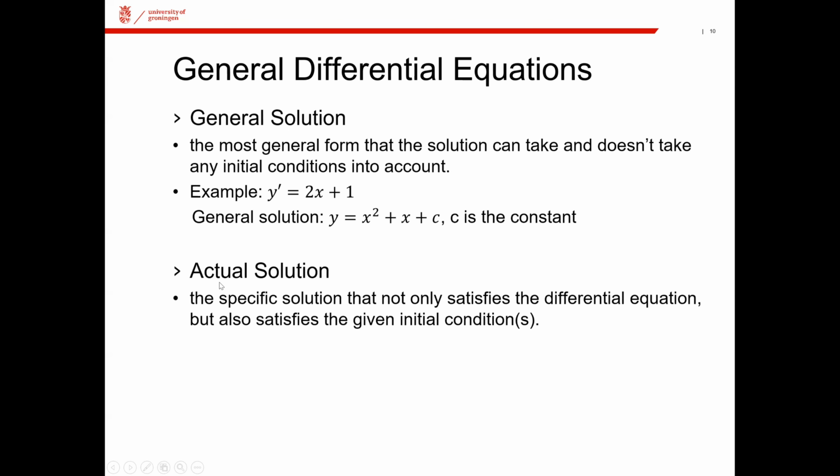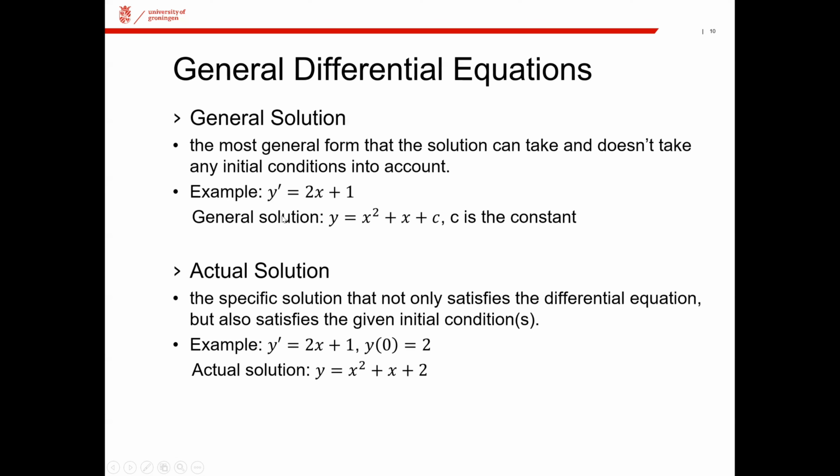And the actual solution is the specific solution that not only satisfies the differential equation, but also satisfies the given initial condition. So that is the solution when the initial conditions are taken into account. For example, here, the same equation, but this time we have the initial condition that when x equals 0, the value of y is 2.